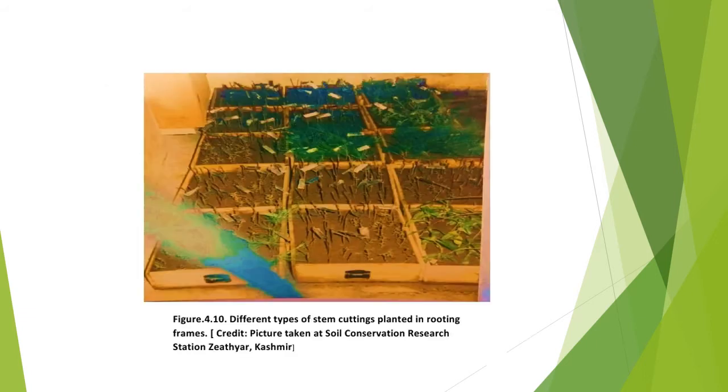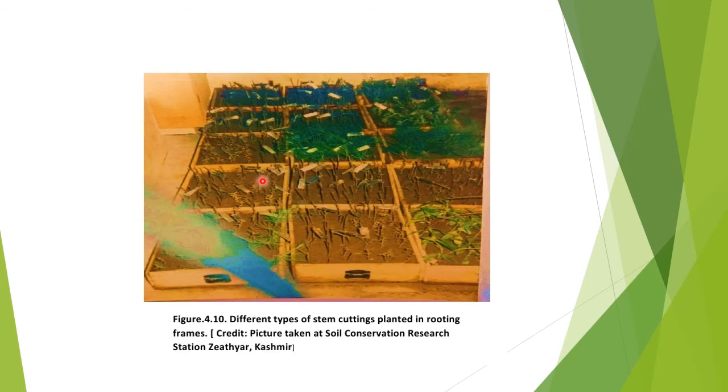These are some of the wooden frames which were made for the purpose of some research at ZTR watershed, and different types of stem cuttings have been planted there. They have been treated with the hormones, and labels are made showing the concentration of the hormone, and there is always one control which is not treated.